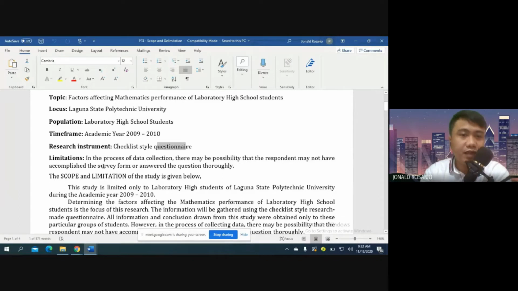Pwede kayo maglagay ng isang weakness or limitation ng isang quantitative research, depende dun sa study ninyo. So sa study nila, ang limitation daw ng study nila, in the process of data collection, there may be possibility that the respondent may not have accomplished the survey form or answered the question thoroughly.